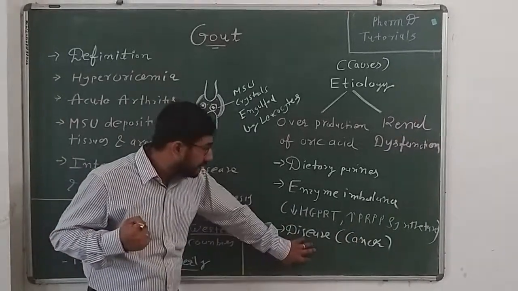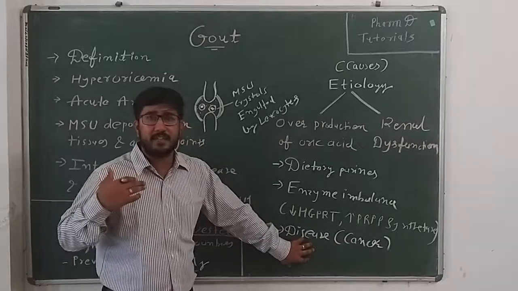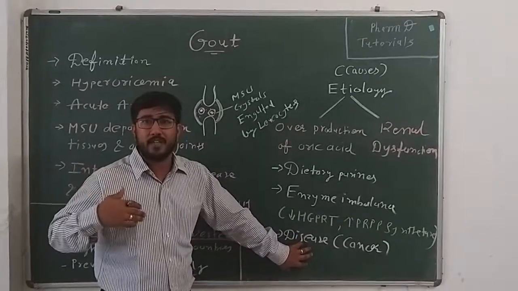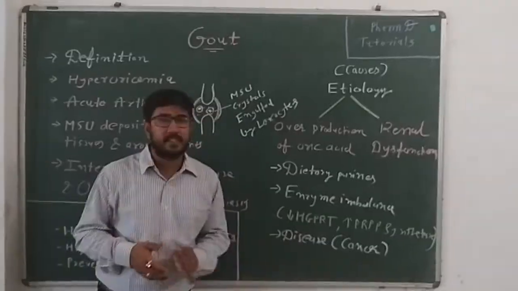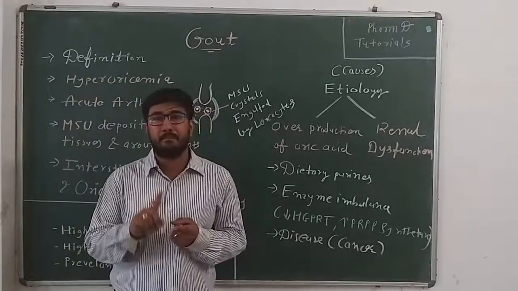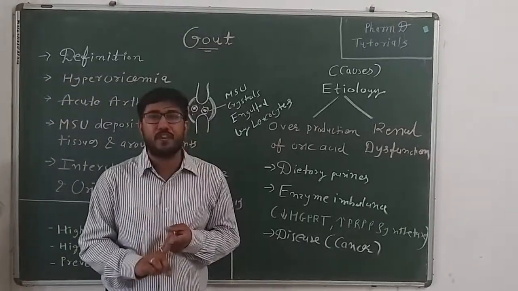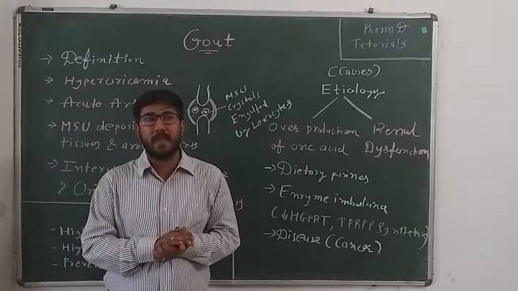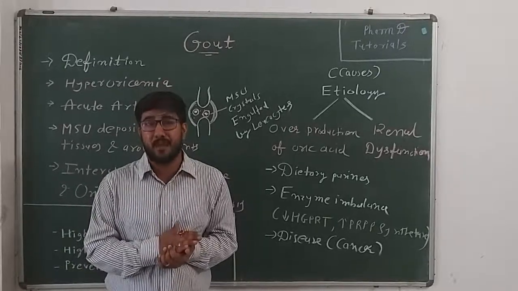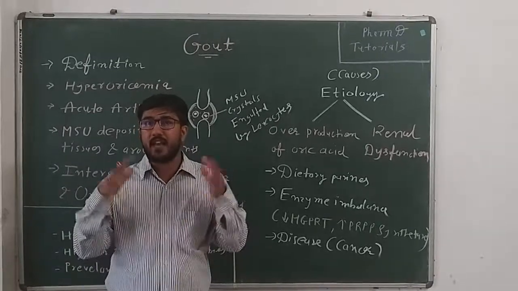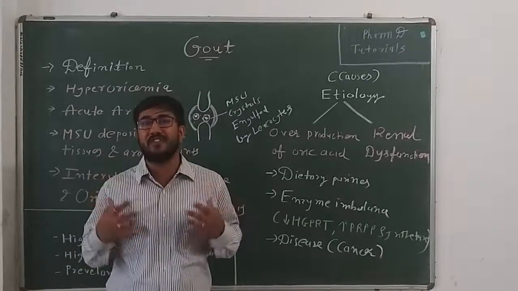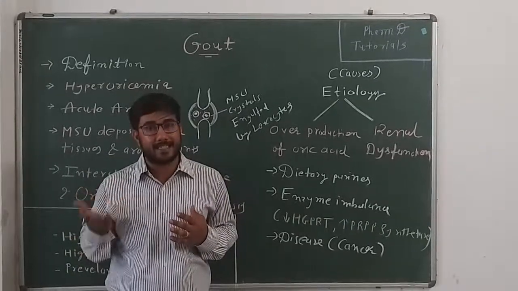And also a few disease conditions. Multiple disease conditions are responsible, which we will cover in the next lecture. But the major one we can consider is cancer, specifically myeloproliferative disorder. In that, the major condition we can consider is leukemia. In leukemia, we have malignant cells in the circulatory system in great excess.